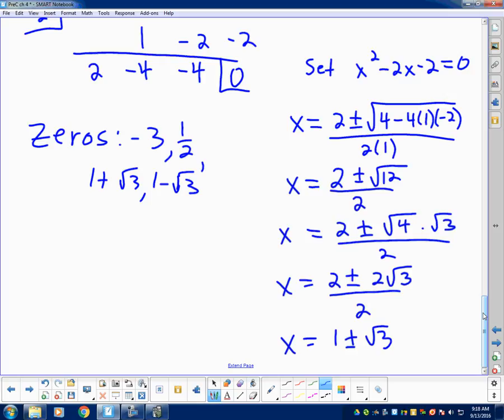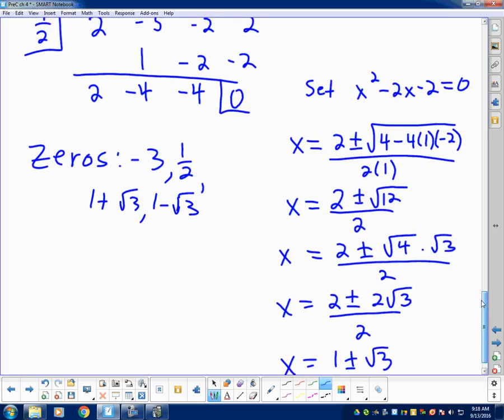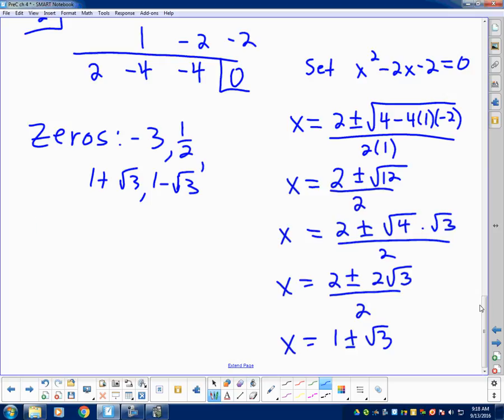How do we go from zeros to factors? What do we do to go from zeros to factors? If I want to write all the factors of this polynomial, well, let's write down the original polynomial again. It was 2x to the 4th plus x cubed minus 17x squared minus 14x plus 6 equals, so let's write down all of our factors.